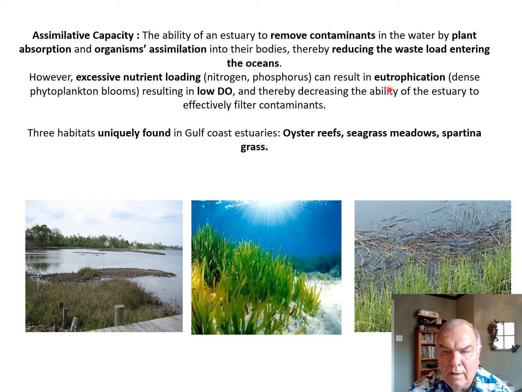So this is a system that's basically overfed with nutrients, and it can result in dense phytoplankton blooms, which result in low dissolved oxygen. You might think, well, phytoplankton produce oxygen, how does that result in low oxygen?